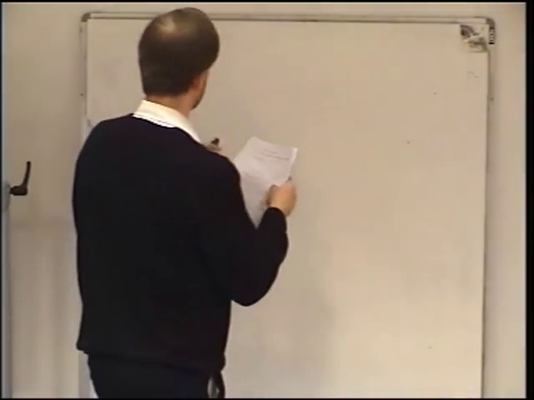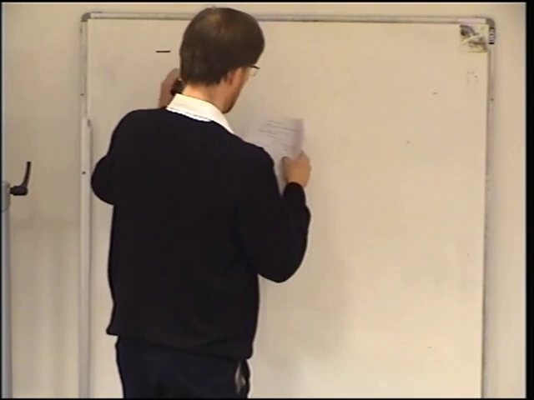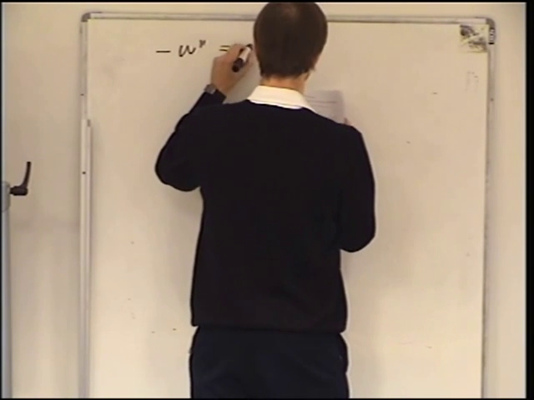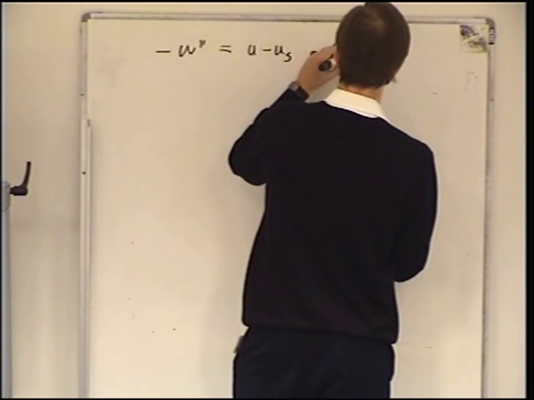So we're going to define a number that we might need a bit later, a function. Minus w prime we will define to be u minus us.